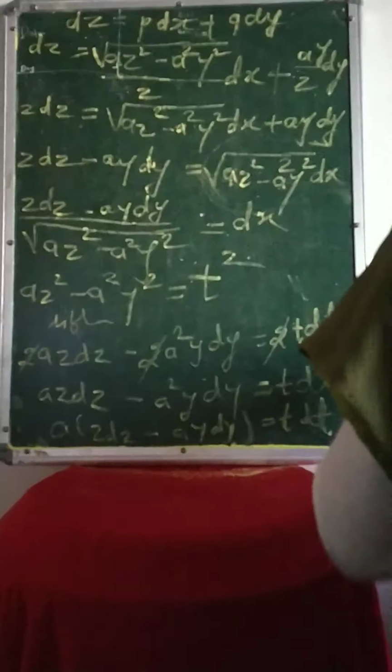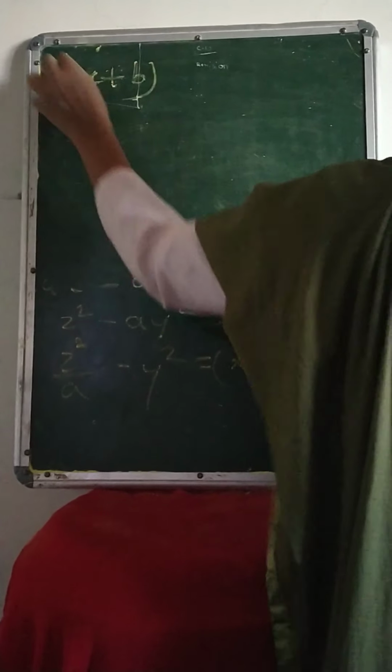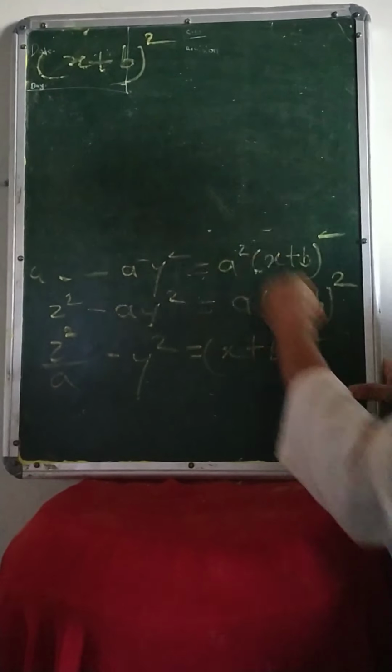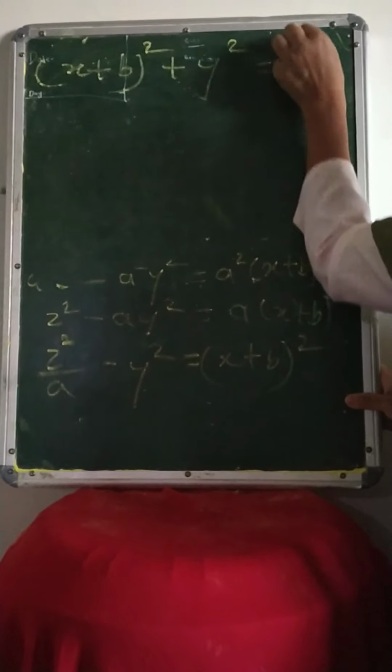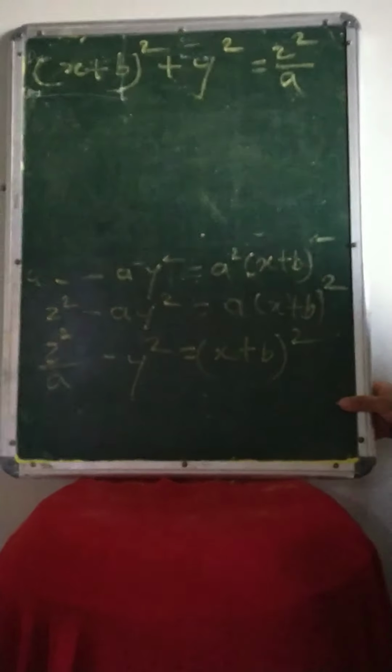Now on solving this, what we get? X plus b whole square, y square transfers to this side, so it becomes plus y square equal to z square by a.